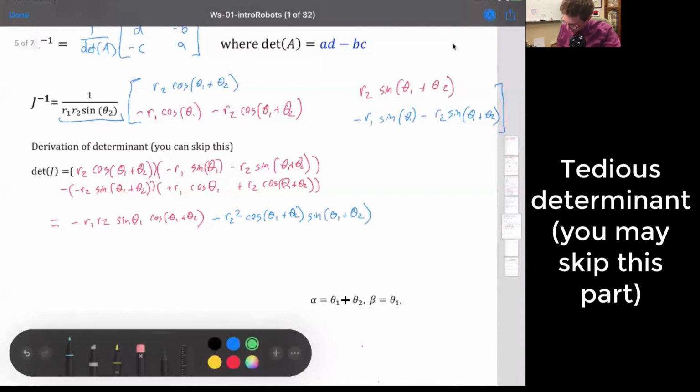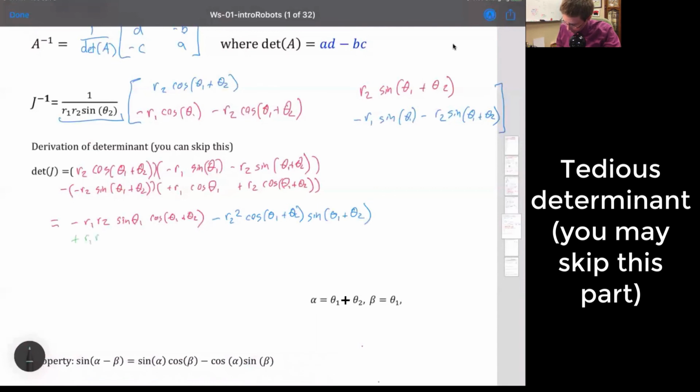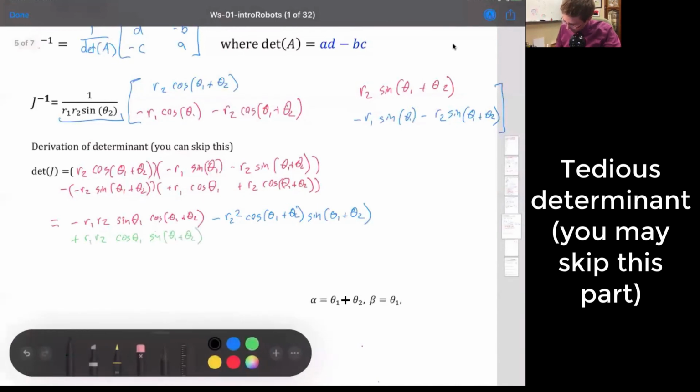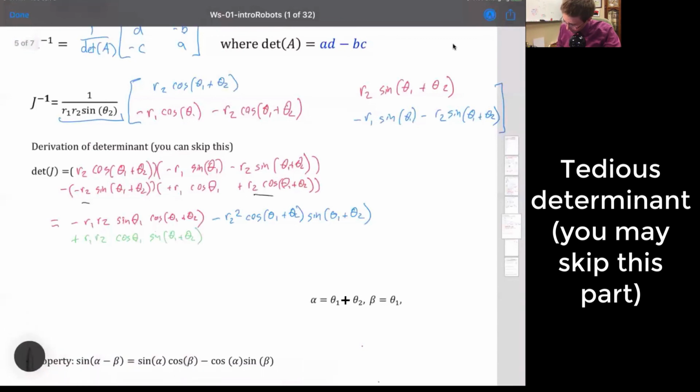And then my next term, I'm going to multiply this out. These negative signs cancel out, so it'll be a plus R1 R2 cosine theta 1 sine theta 1 plus theta 2. And then my final color here, this term times this term. So I get plus R2 squared cosine of theta 1 plus theta 2 sine of theta 1 plus theta 2.